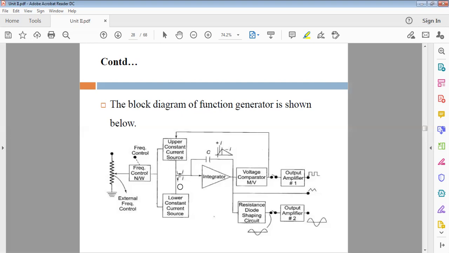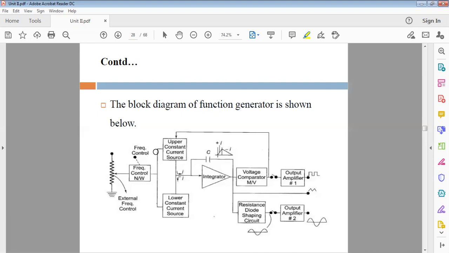Based on the amount of current flowing through the integrator, the capacitor of the integrator charges or discharges, and it produces a triangular output. When this triangular output is given to the voltage comparator multivibrator, it produces the square wave. When it is given to the resistance diode shaping circuit, it converts the triangular wave into the sine wave.